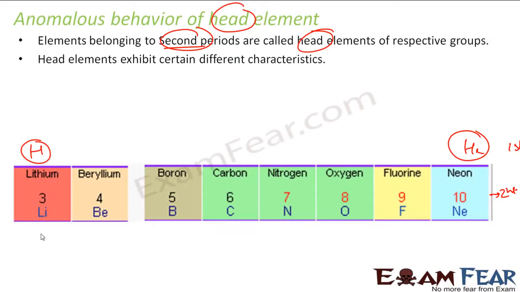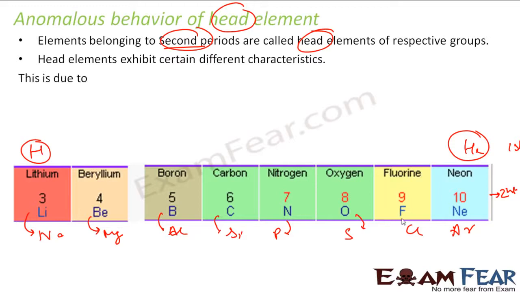And observe that they have totally different characteristics. So if I draw here lithium, sodium, here you get magnesium, aluminum, silicon, phosphorus, sulfur, chlorine, and here you get argon. Right? So if you see here, the lithium and sodium properties will be different, beryllium and magnesium properties are extremely different. And why is it different?